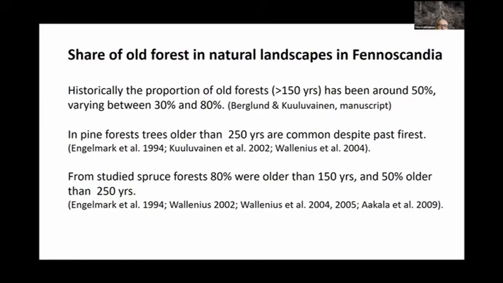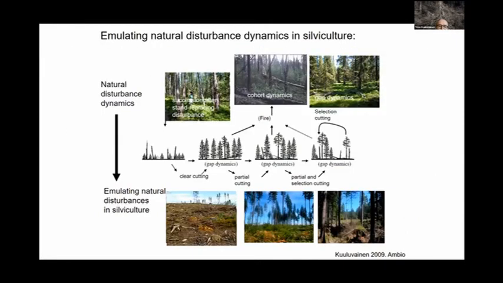So the challenge becomes how to take this fact into account if we want to emulate natural dynamics of the forest. How to deal with the question that in natural conditions the old forest is dominating in most landscapes. This is a challenge to be met.